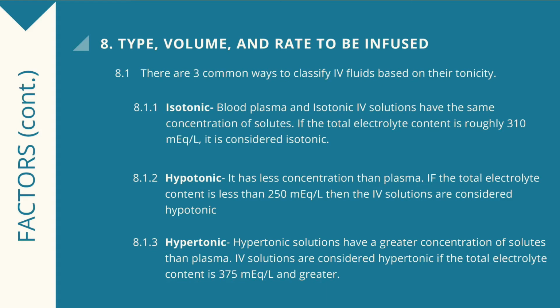If the total electrolyte content is less than 250 milliequivalents per liter, then the IV solution is considered hypotonic. Last is the hypertonic. It has a greater concentration of solutes than plasma. IV solutions are considered hypertonic if the total electrolyte content is 375 milliequivalents per liter and greater.